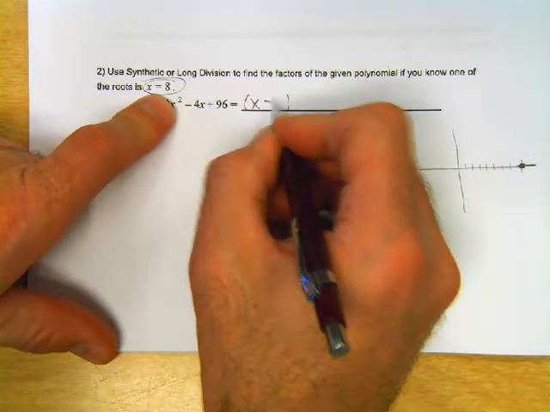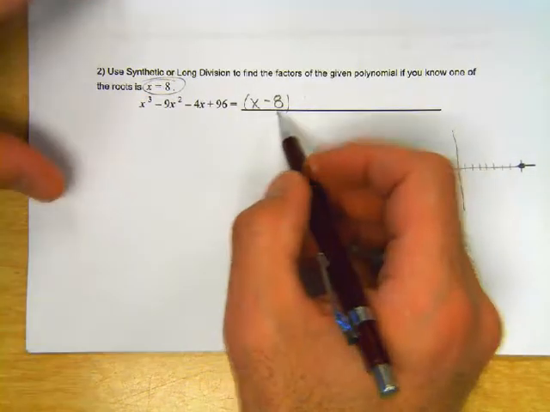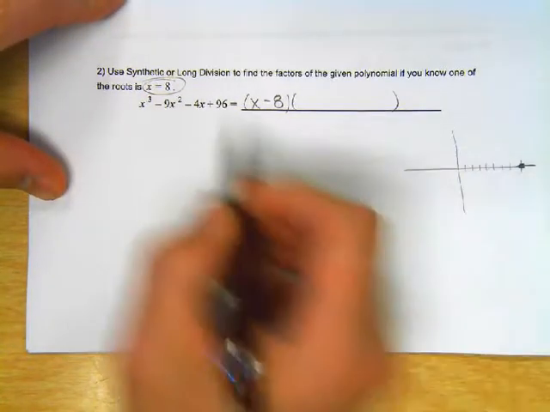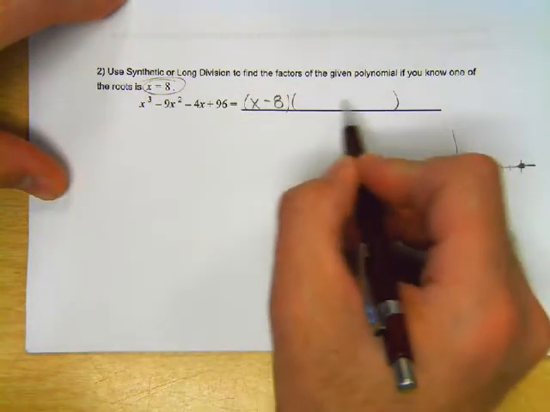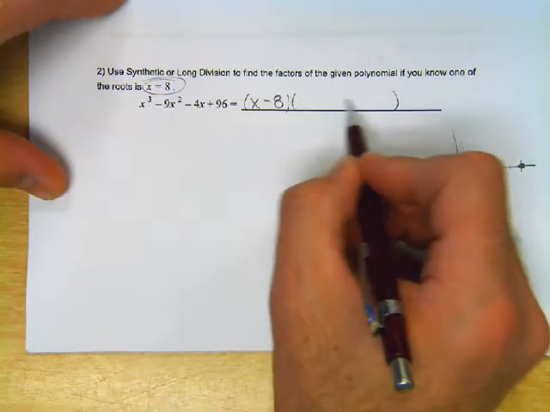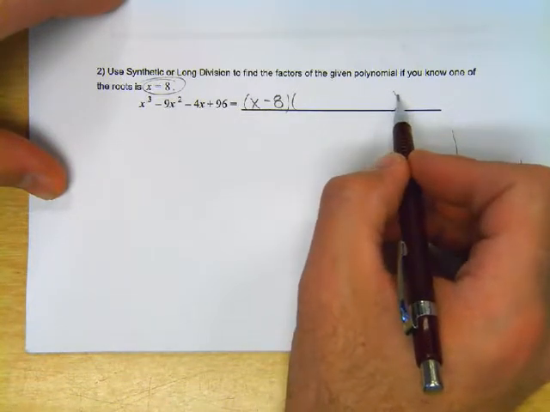X minus 8. And so at this point, the only thing we can do is divide the cubic by the linear, and what should we get inside this parentheses? A quadratic. And then we'll have to look at it and see if we can solve it.